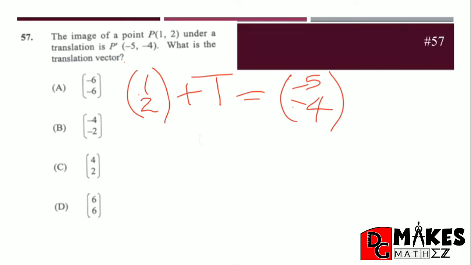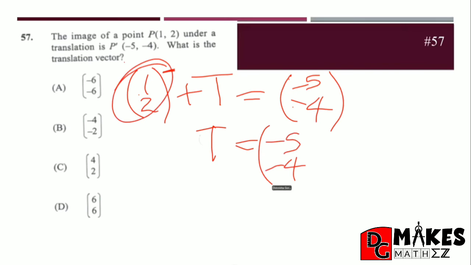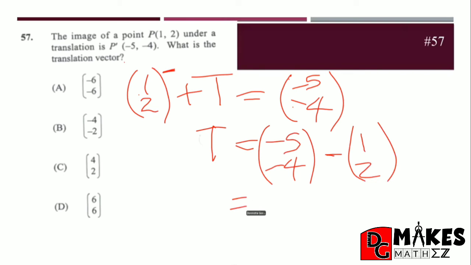You could go ahead and say t then is equal to, subtracting this vector from both sides, we get -5, -4 minus 1, 2. -5 minus 1 would have given us -6, and -4 minus 2 would have given us -6.